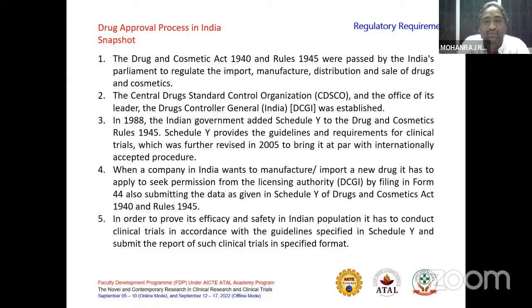And Schedule Y provides the guidelines and requirements for clinical trials, which was further revised in 2005 with global status and standards.